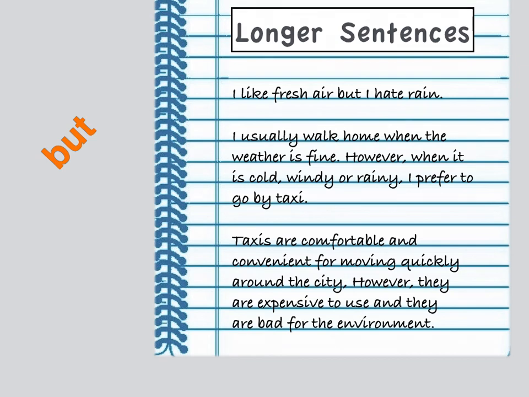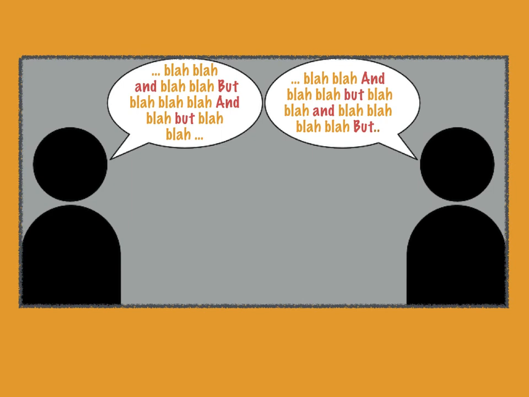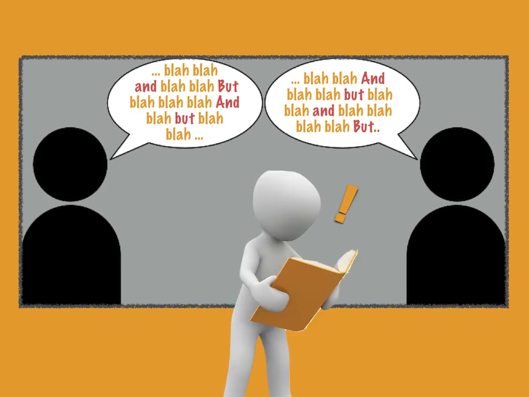And now, when we talk, real sentences are not always so important. The grammar doesn't have to be perfect. If we use but and many times, there's usually no problem in understanding. However, in writing, especially in reports, we need to be sure that our readers can easily understand.